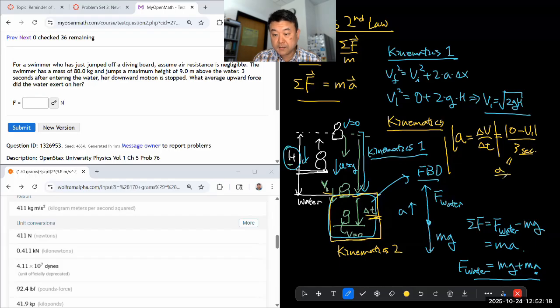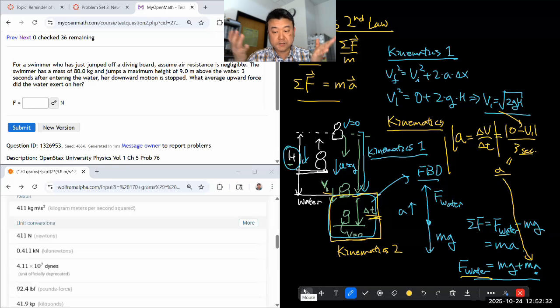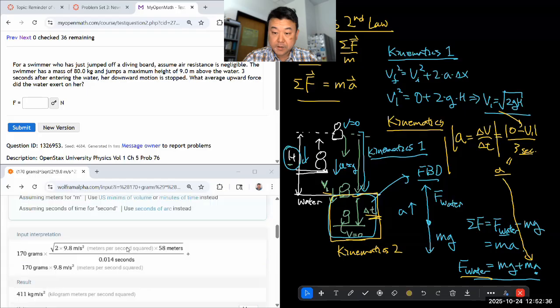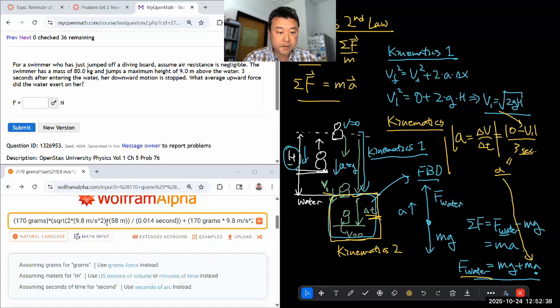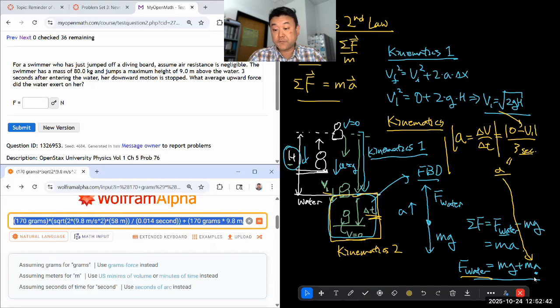Once I have that, I can plug it in here for the force of the water. I could plug in v1 algebraically, but nothing really simplifies, so I'll just build the numerical expression in Wolfram Alpha. Let me go in the other order this time and start from here.